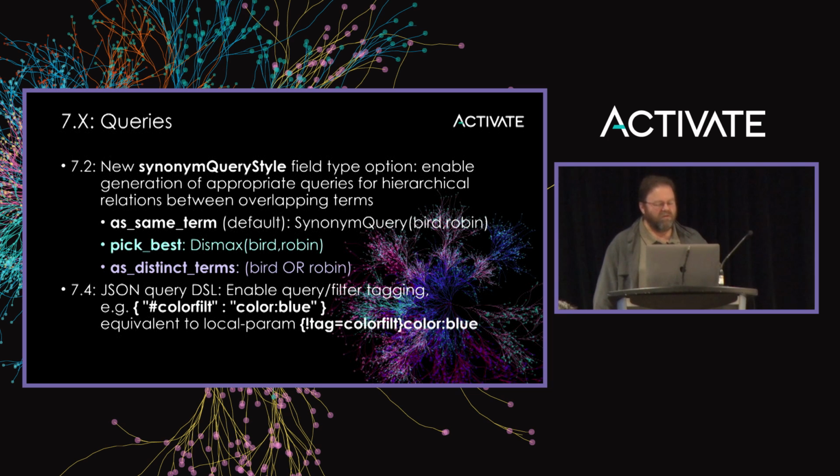before synonym query was introduced, I forget, sometime in 6.x, this would produce a Boolean query, and as a result, because of the way the more specific term is scored, you would see higher scored results when you used the synonyms at query time, such that you get better results for documents that referred to robin as opposed to bird.